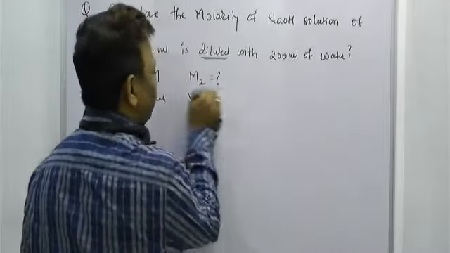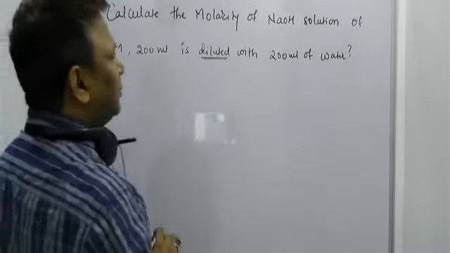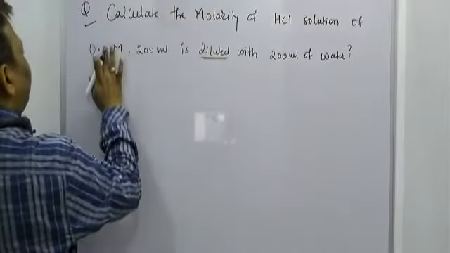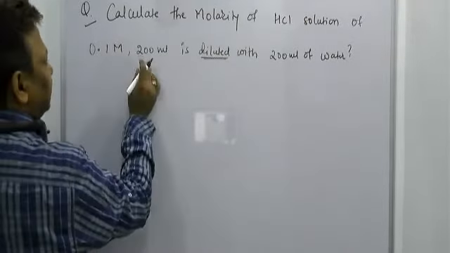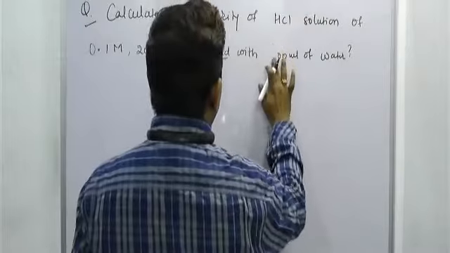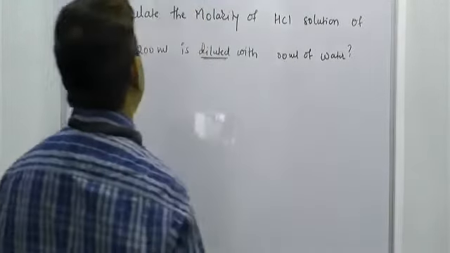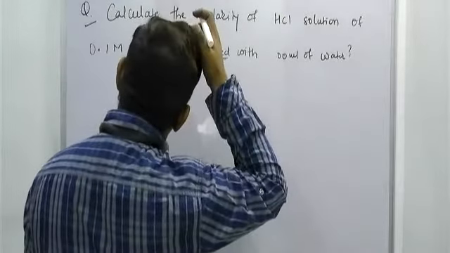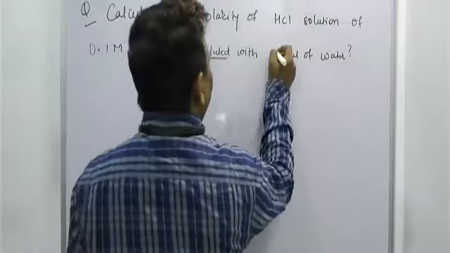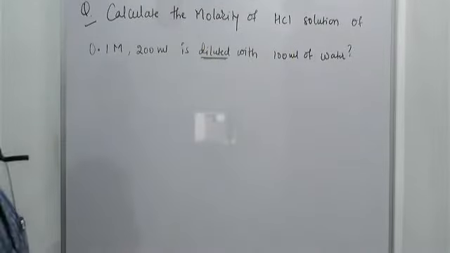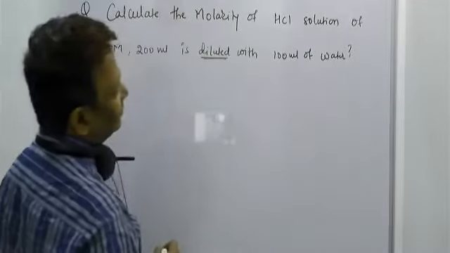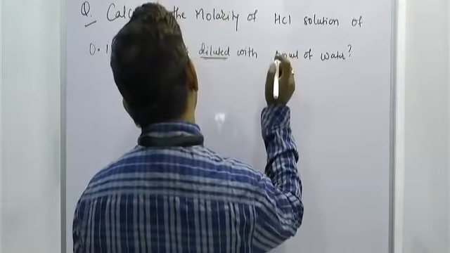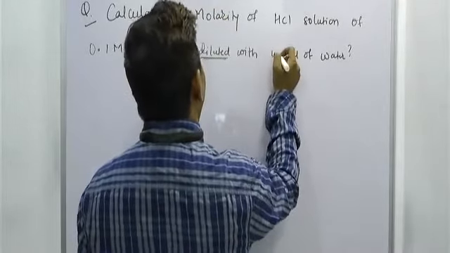Calculate the molarity of HCl solution of 0.1 molar, which is 200 ml, and it is diluted with 400 ml of water.